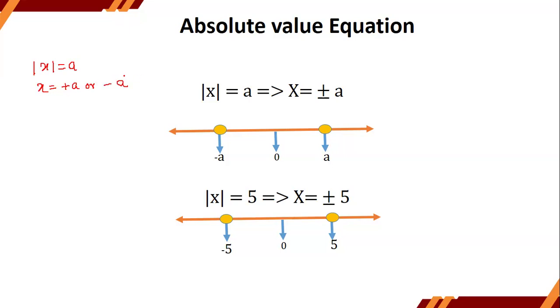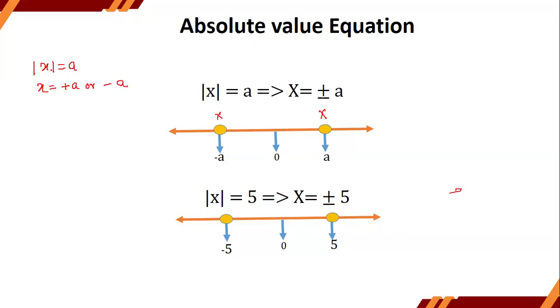The visual explanation for an absolute value equation is that absolute value represents the distance of a number, or over here, the distance of x from 0 on the number line.